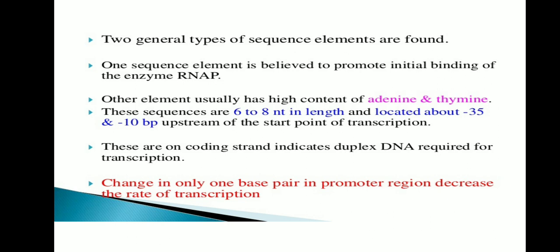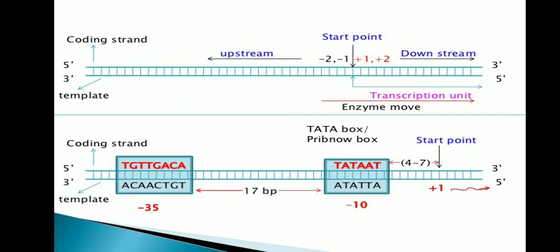These are non-coding strands, which indicates the duplex DNA is required for the transcription process, and a change in even one base pair in the promoter region will decrease the rate of transcription. You can see here, this is the start point. Consider it as 0, and upstream of it, at your left side, is denoted by a negative sign, and at the right side of the start point is the downstream, denoted by a positive sign.